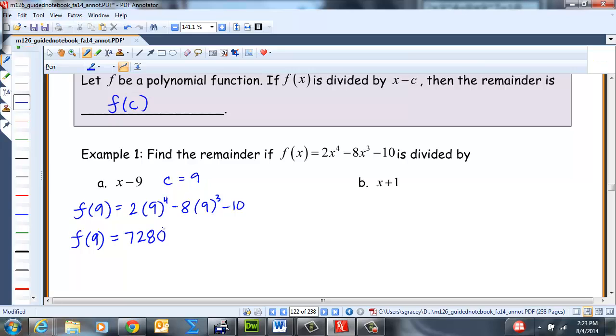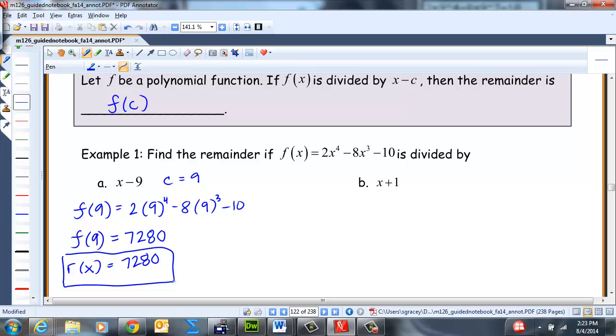So r of x is 7,280. That's the remainder when you divide by x minus 9.